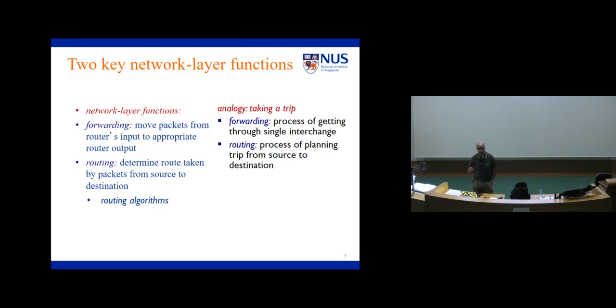So forwarding is the process when a packet comes in on one particular interface of the router, and you decide that it has to go out from another interface. So forwarding is the process of moving the packet from the input link to the output link, right? And routing is the process of deciding what output link I should take. If I have 6 different choices, which is the best of these that I need to pick, right?